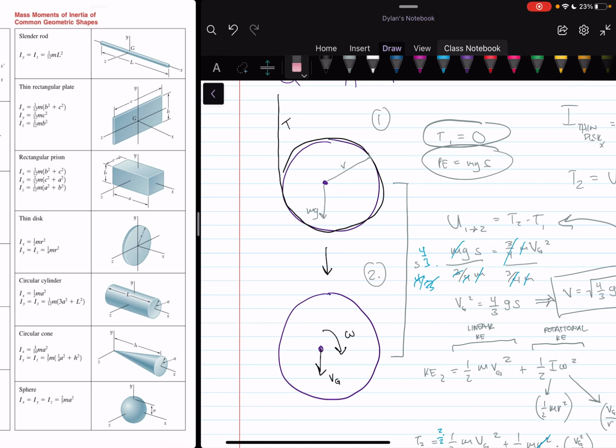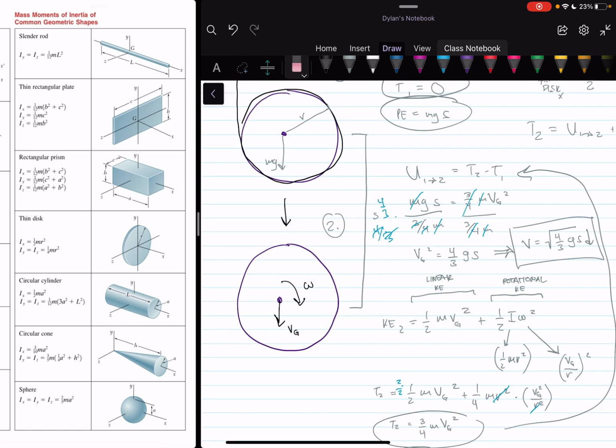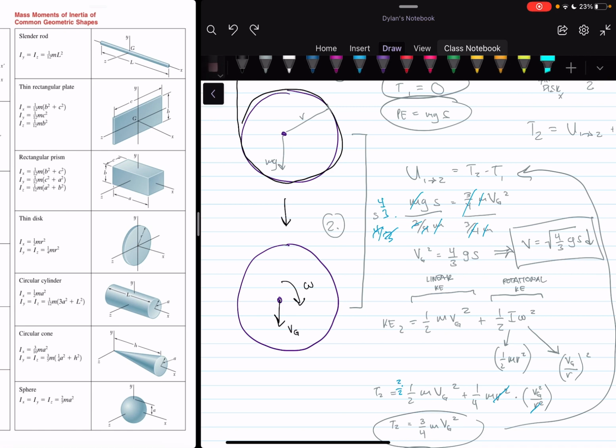And so what I did is I accounted, right here, for the kinetic energy with the rotational kinetic energy, and I'm not sure if I still need to account for tension, because I'm not doing the sum of forces in the x and y direction necessarily.